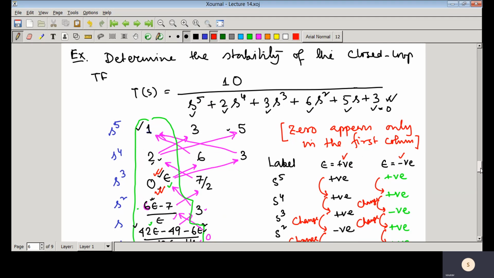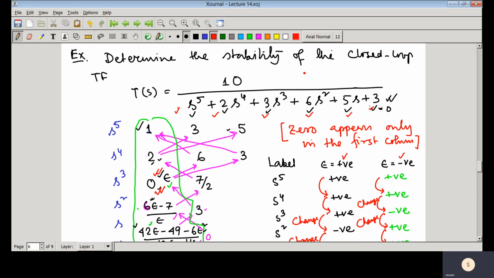Reverse order method means we change the coefficients of that polynomial in the reverse order. That means if we bring 3 here and 3 here, so 1 here, then we replace 5 here and 2 here, then 6 here and 3 here.